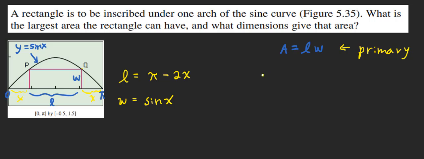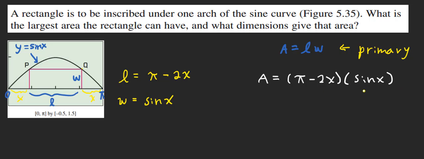So now, using substitution, these two are the secondary equations. So area is going to be the quantity pi minus 2x times sine of x. Now, we need to find the dimensions that will give you the largest area. In other words, we have to find the derivative of this.